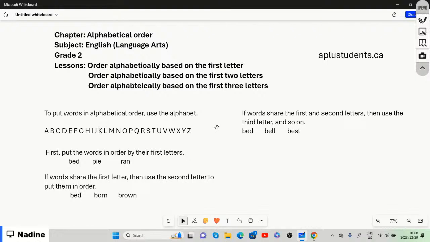So to put words in alphabetical order, we use the alphabet, starting with A and going all the way to Z, right? So you need to know the alphabet in order for us to be able to put certain things in alphabetical order. And alphabetical order ranges from A to Z.